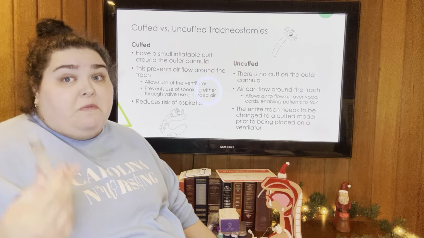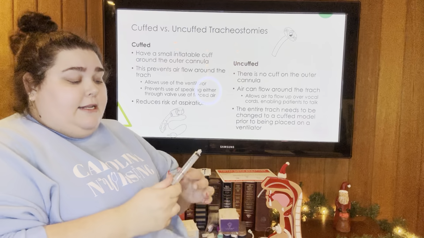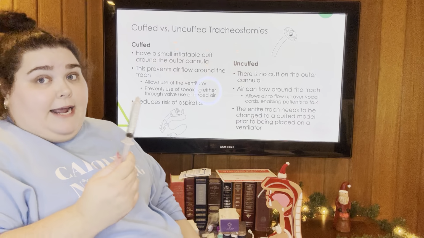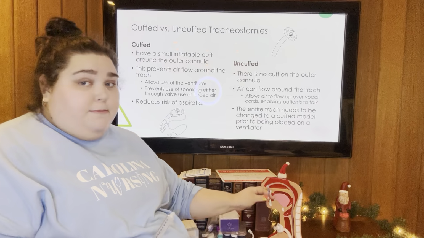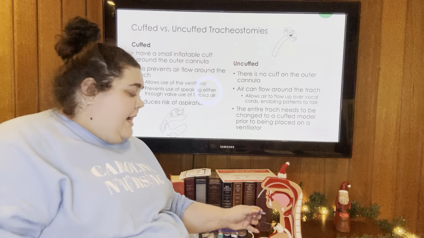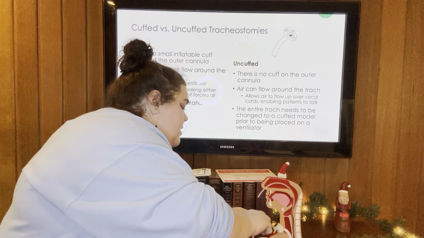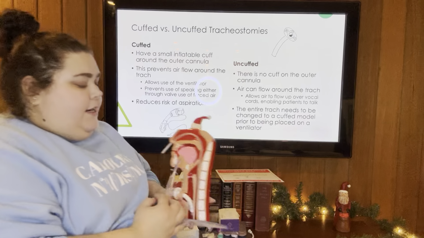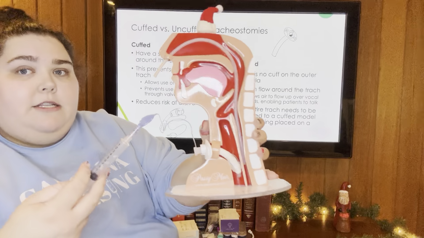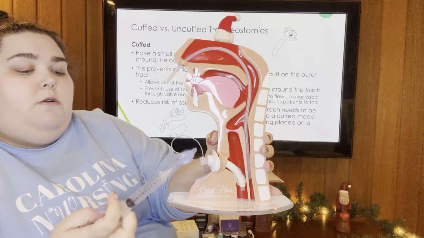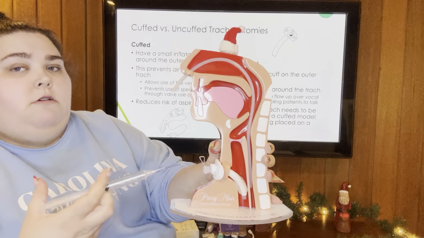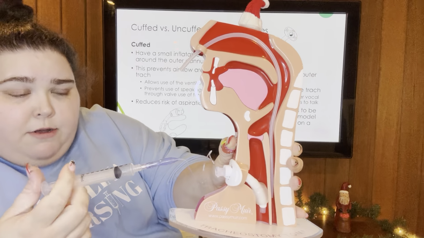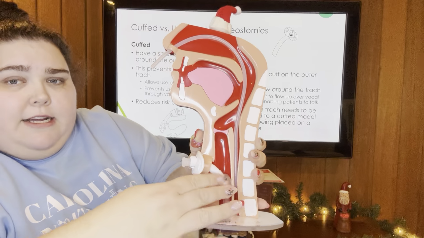It's very simple. All you need is an empty syringe. This is a 10 cc syringe. We're just going to fill it with plain air. It attaches to this balloon that is on the outside of the trach, and it is a Luer lock situation. So it connects onto there, and you can see we just inject it like we would anything, and you can see this balloon filling up, and then you can see the trach.